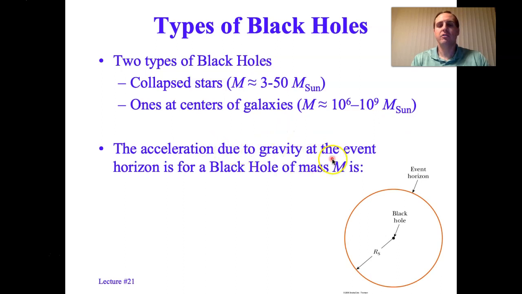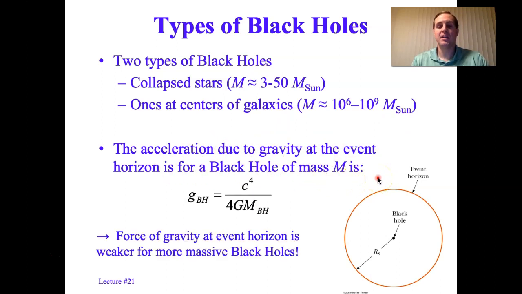The acceleration due to gravity at the event horizon for a black hole of mass m is given by this equation. I'm not going to go through where that comes from, okay? But notice that it's the speed of light to the 4th over 4G times the mass of the black hole. Notice the force of gravity at the event horizon is actually weaker for more massive black holes. Interesting.